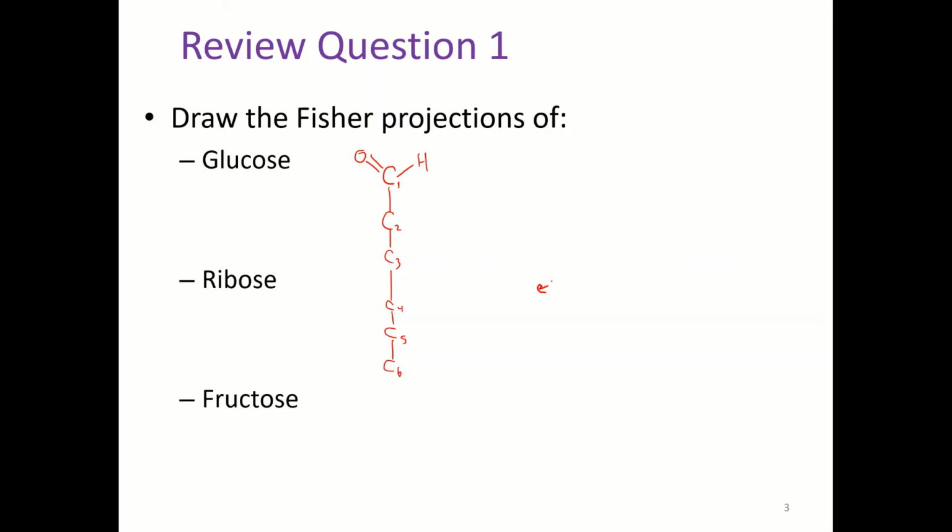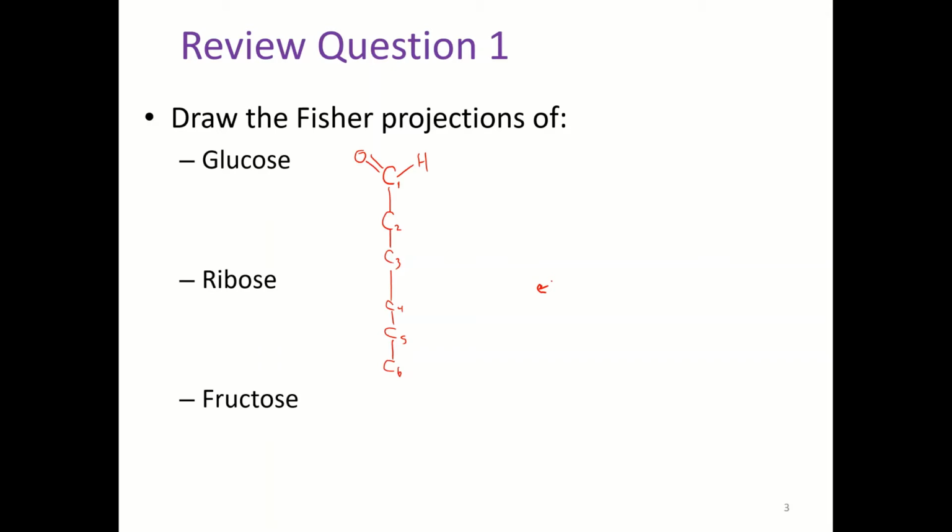Now, to answer the rest of this question, you need to know what side of the molecule you need to put your OH groups on. And to be really specific, you'd have to know, is this D-glucose or L-glucose? If you're not given that, you can really just assume it's the D form, because primarily all sugars in the body will be in the D form. There are some in the L form that are important, but the vast majority are in the D form.